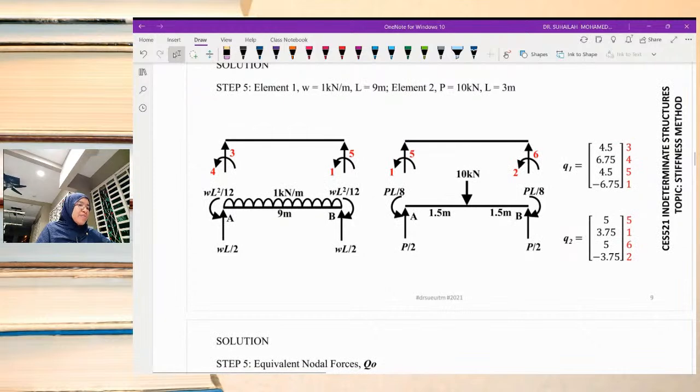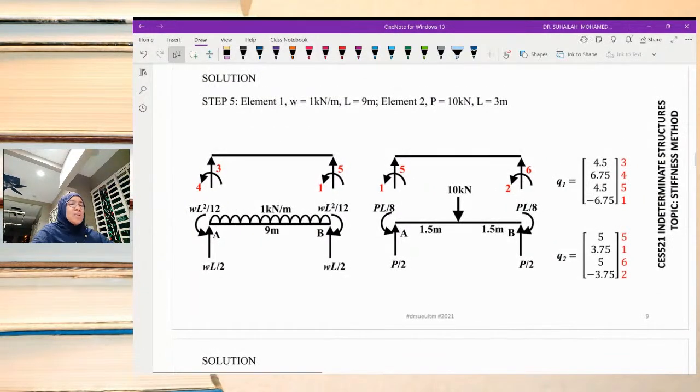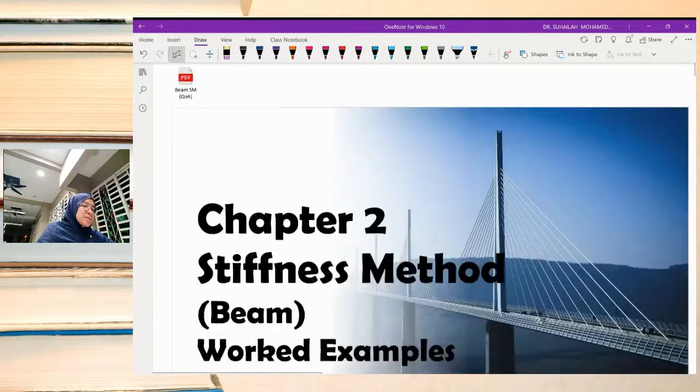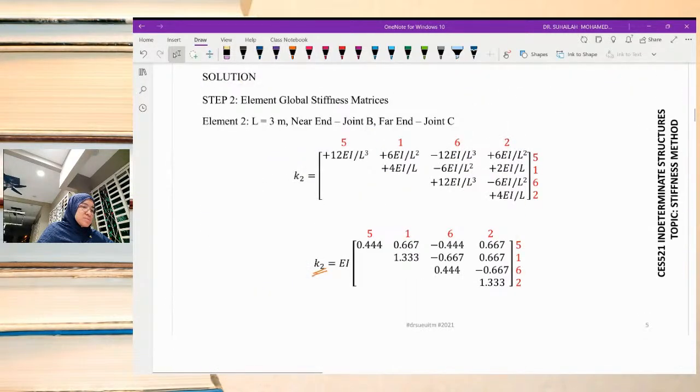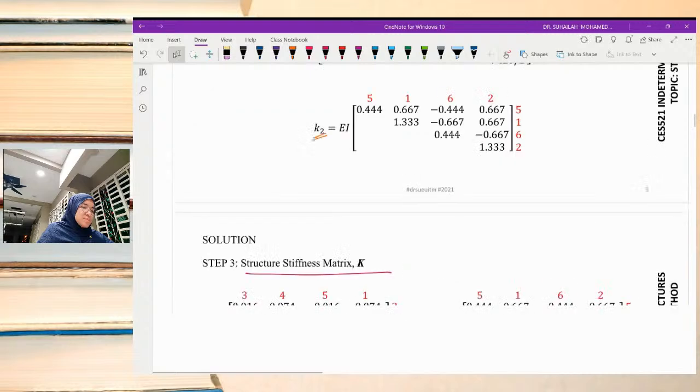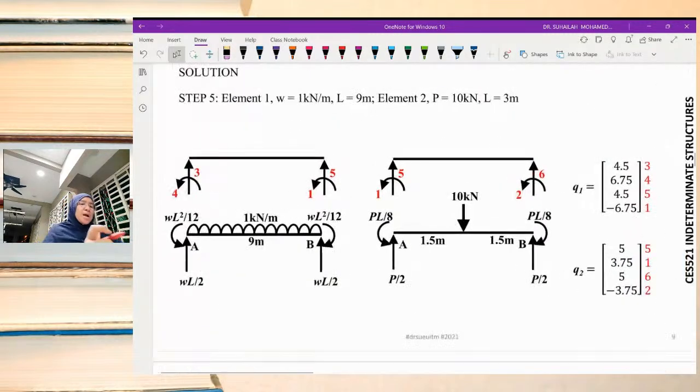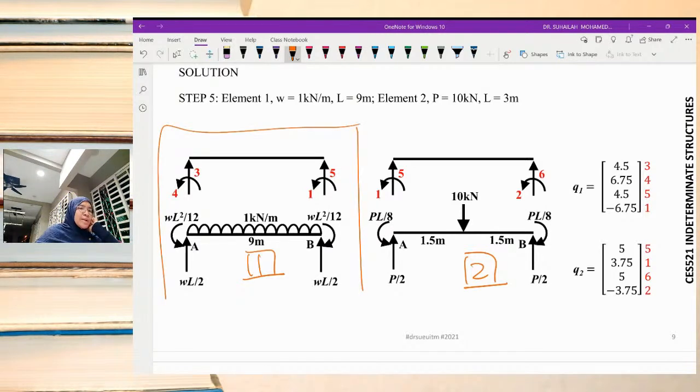Okay, here I have detailed how we get the Q naught. We have two elements, and this is element number 1. For each element we have to draw two diagrams. This one is for element 1, this one is for element 2.